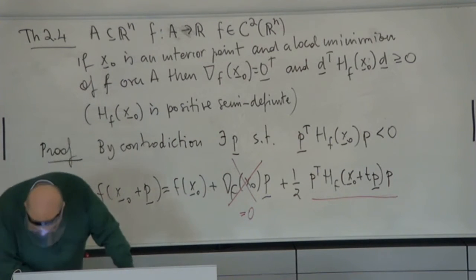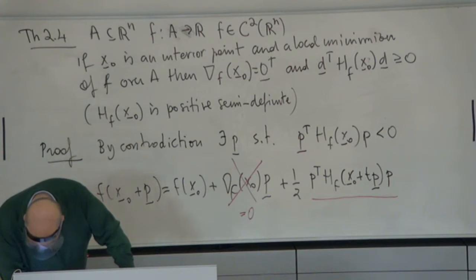Since it's positive semi-definite, with the Taylor expansion, we see that all neighboring points are greater than x0, so it's a local minimizer.